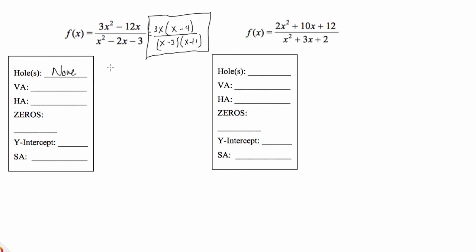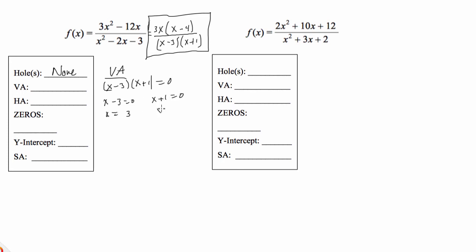Okay, vertical asymptote, just going through. So we have to set everything down on the bottom equal to 0. So I'll just write it out. x minus 3, x plus 1 equals 0. And that means that this is going to be equal to 0, and this is going to be equal to 0.